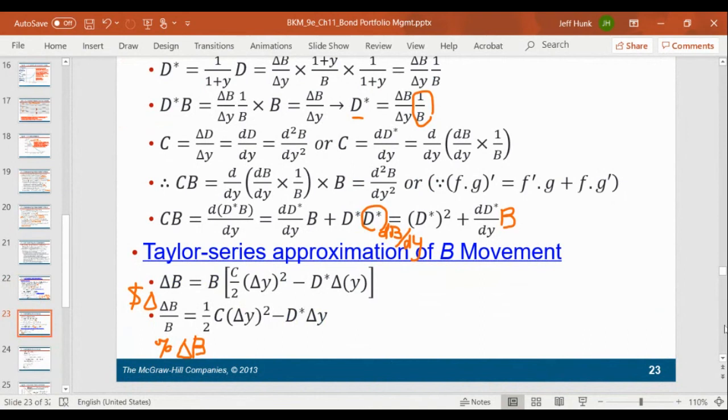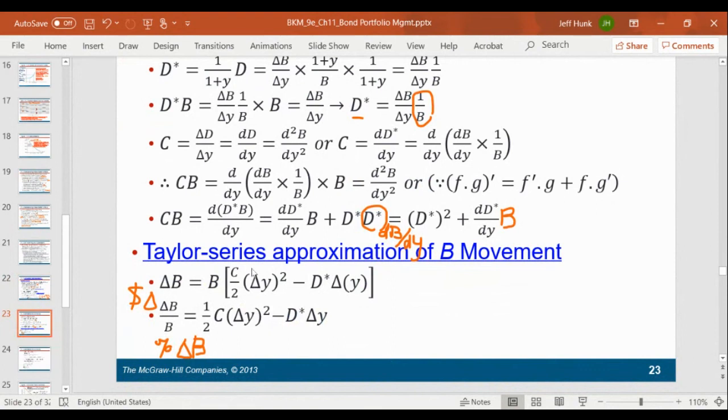Time here means the coupon payment period: first coupon payment, second, third, fourth, that kind of ordinal number, not cardinal number, the ordinal number of the coupon payment.